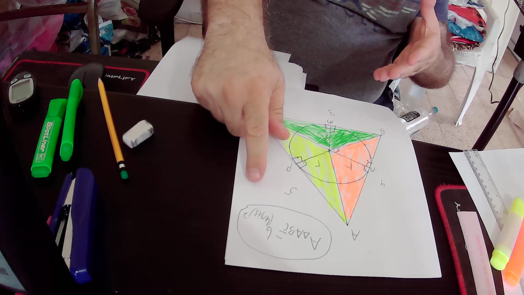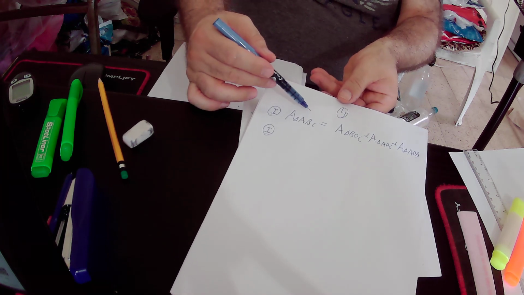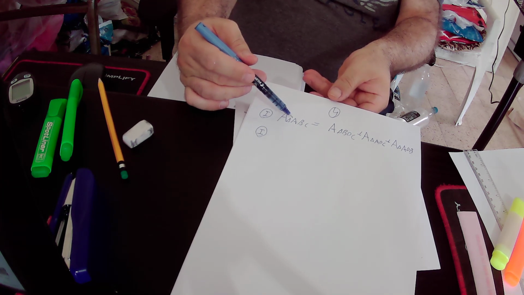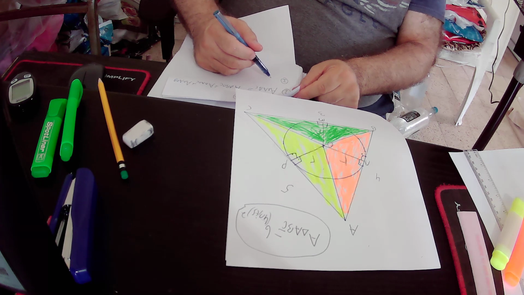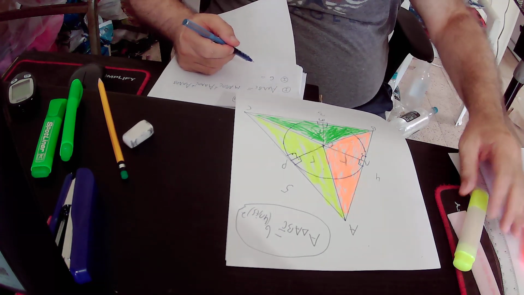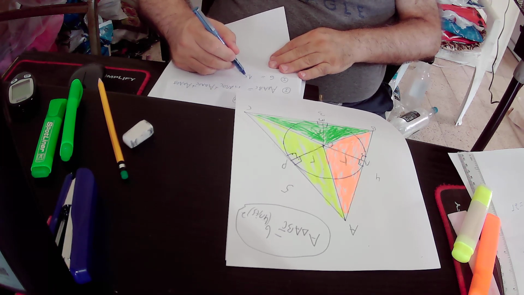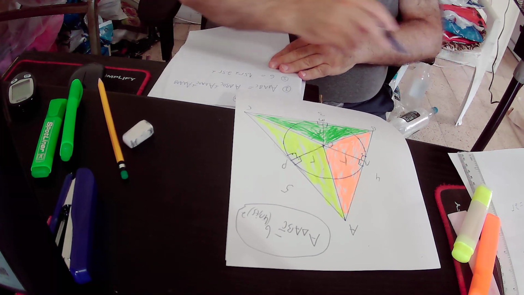So we can substitute the area of the big triangle ABC by 6, and it equals the area of the green triangle, that is 1.5 times the radius, plus the area of the yellow triangle, that equals 2.5 times the radius, plus the area of the orange triangle, that equals 2 times the radius.